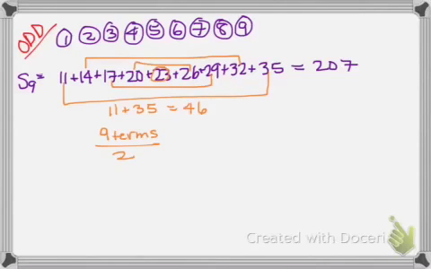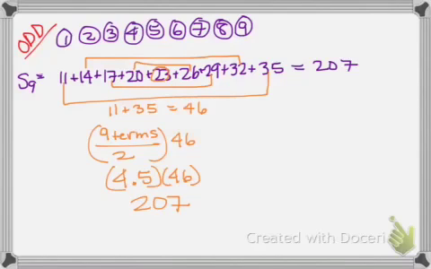So we've got 9 terms. Remember our n divided by 2. 9 terms divided by 2, and then we'll multiply that by the first plus the last term, which is 46. So we get 4.5 times 46, and that gives us 207, which is what you get if you actually literally add the terms together. So the formula works for even and odd.